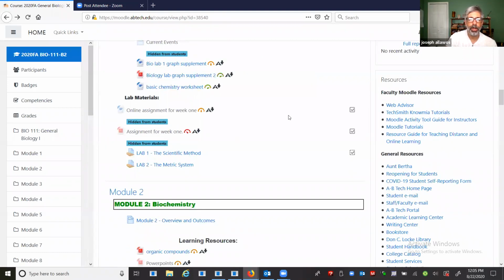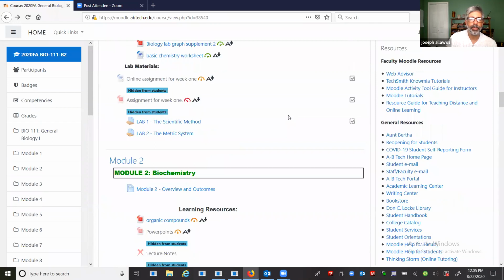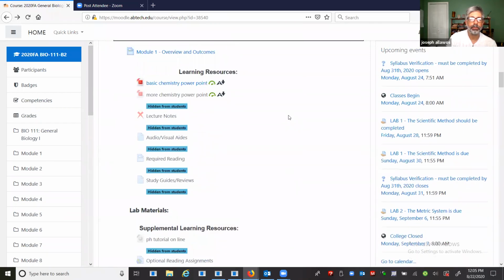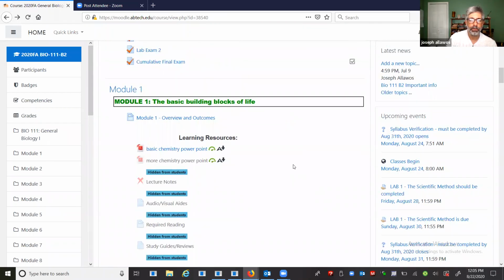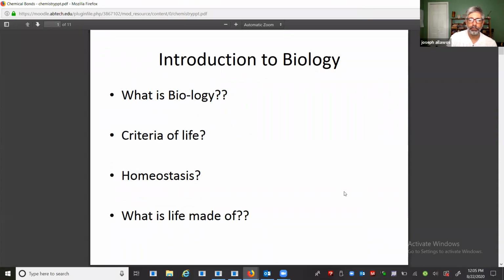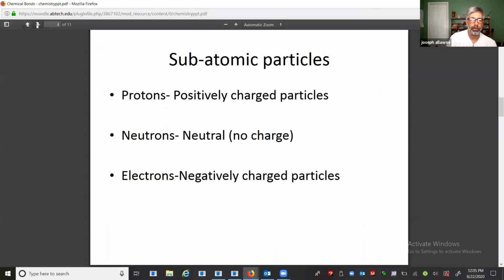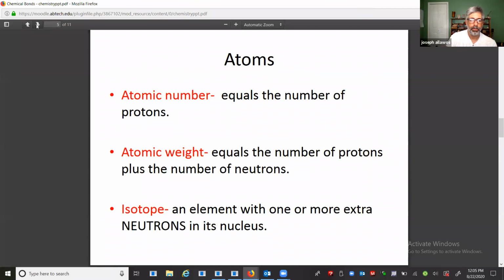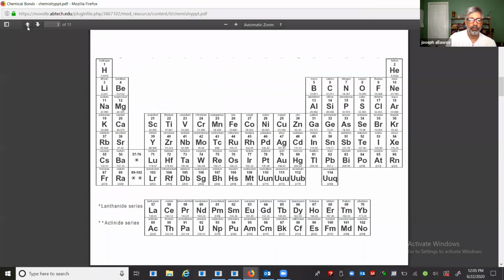All right, so let's pop into the chemistry PowerPoint now. We were talking about isotopes before, and I want to say a little bit more about isotopes. Let's go back to the periodic table of elements for a second. Let's look at carbon.